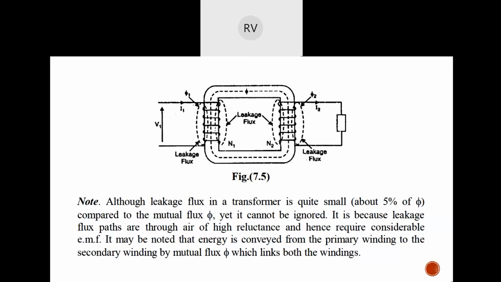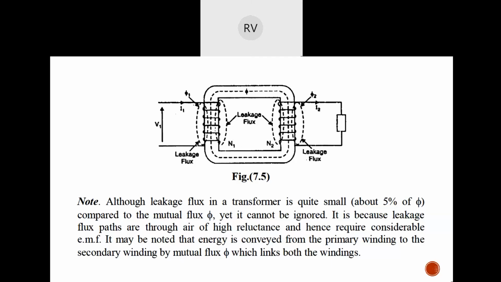Reluctance is nothing but the resistance for the magnetic flux, equivalent to the resistance in electrical circuits. In the magnetic circuits, you call it reluctance. That is nothing but the property of the material to oppose the flow of the flux.